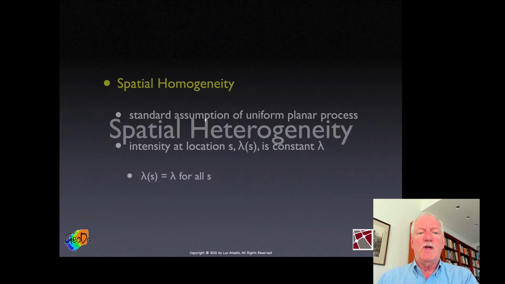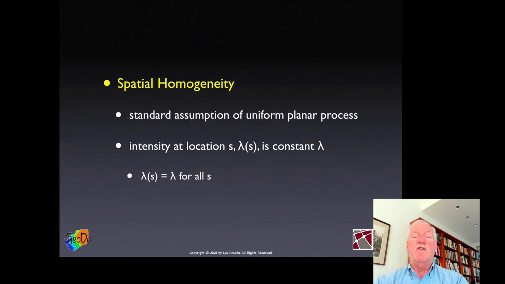So the assumption that we've used so far, and specifically in the homogeneous planar Poisson process, which was the formal expression of complete spatial randomness, we took the assumption of spatial homogeneity. What does that mean? That means that the intensity is the same everywhere.